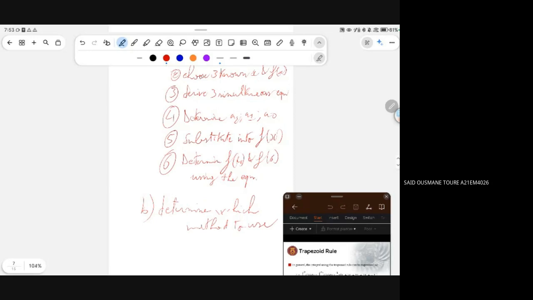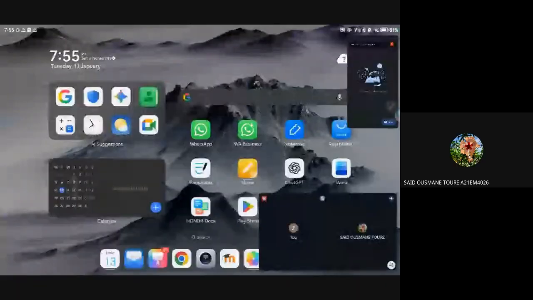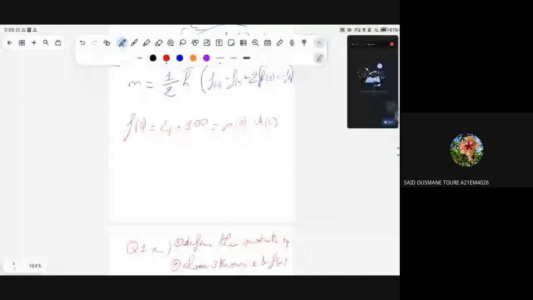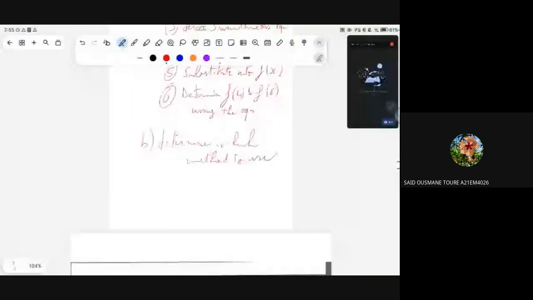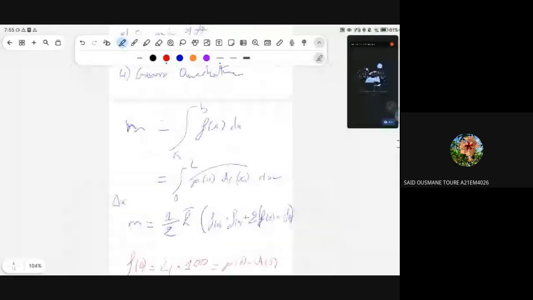Yes, you can, if they don't specify. If they say Simpson, then you need to choose Simpson. We will go in depth with the trapezoidal rule, and then I will show you how Simpson works, because it's easy to see from the trapezoid how they got to Simpson. We'll look into Simpson also, just for accuracy.